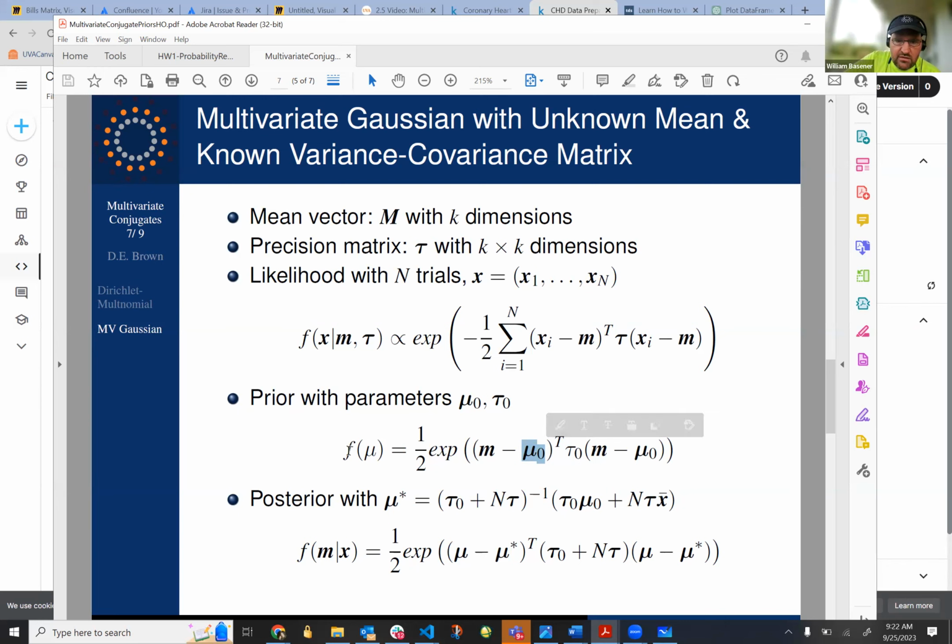So this is the prior probability distribution on the parameter mu. Instead of specifying the prior with a capital P, we specify that probability distribution by describing its PDF, and that's what this f is.